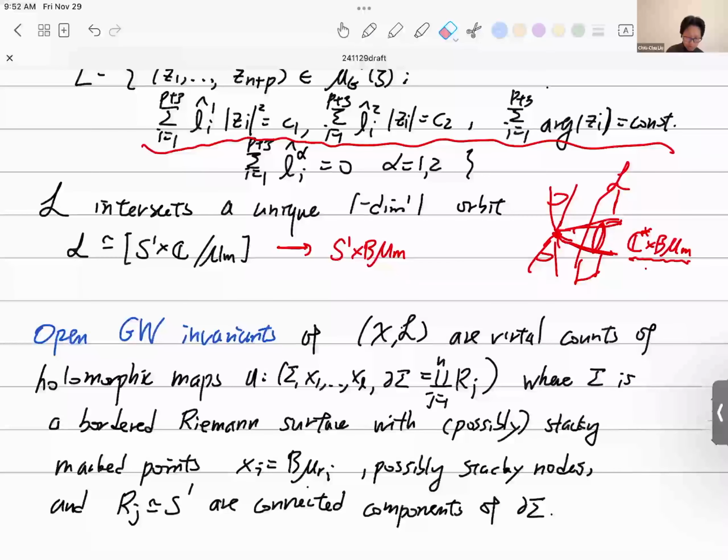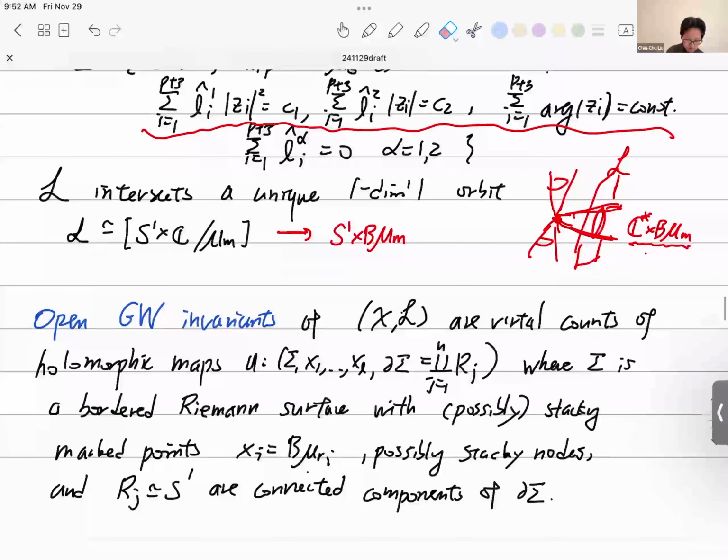Okay, so now I want to define open Gromov-Witten invariants for such a pair. They are virtual counts of holomorphic maps from bordered Riemann surfaces. But similarly, we need to allow our bordered Riemann surface to have orbifold points at the marked points. We need to allow our bordered Riemann surface to have some nodes and also marked points.